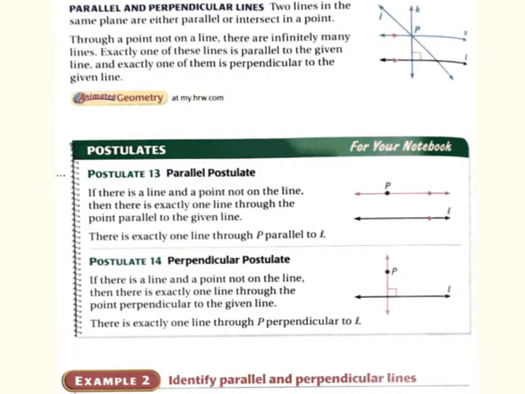And that's exactly what we just did up here, showing the line N being parallel to the original line L. And then the perpendicular postulate, postulate 14: if there is a line and a point not on the line, then there's exactly one line through the point perpendicular to the given line. And again, that was our line K in the illustration up here, perpendicular to line L.